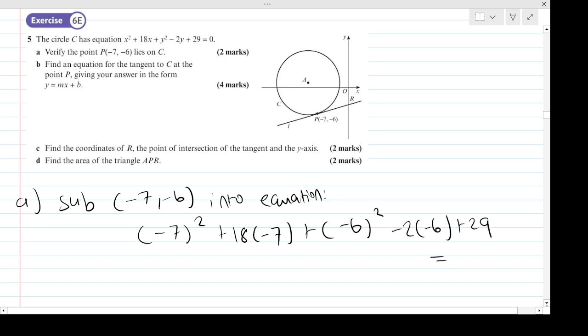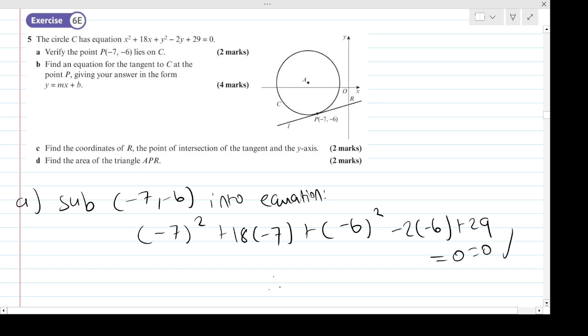So if I put that all in a calculator, I get zero. Cool. So that means 0 equals 0. Both the right and the left hand side agree, they're the same.